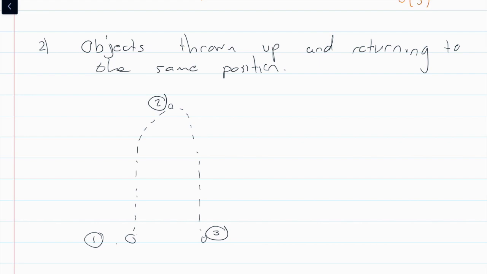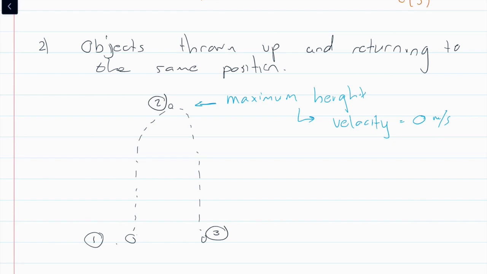At its maximum height, this position right here, the ball stops going upwards and starts going downwards, right? So that means that at the maximum height, the velocity equals 0 meters per second.